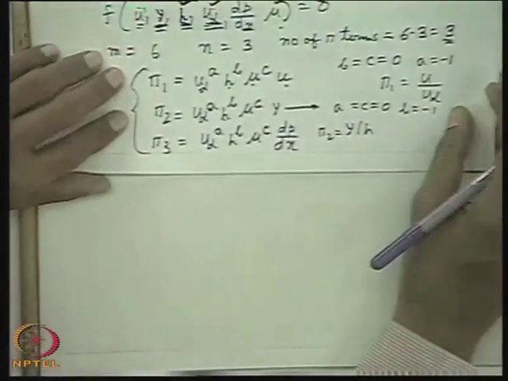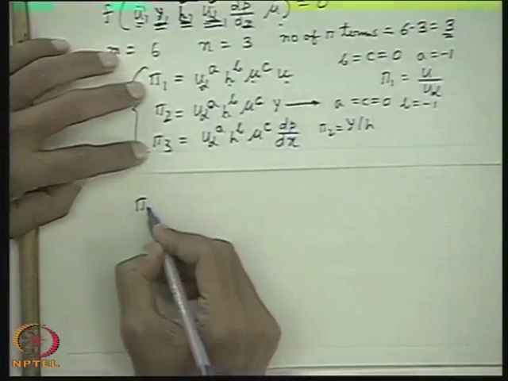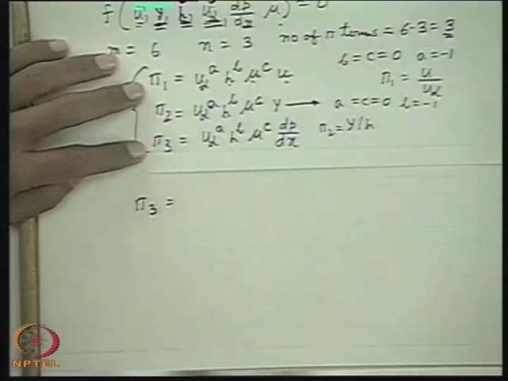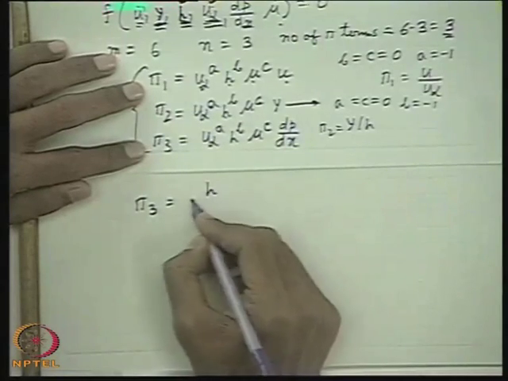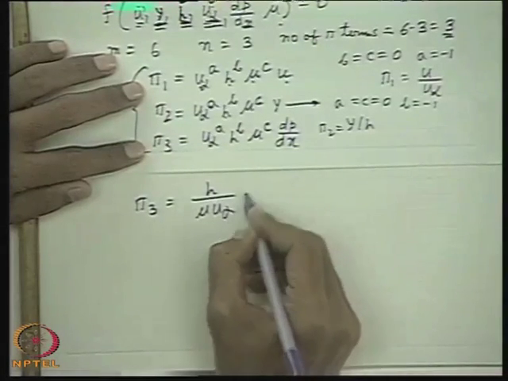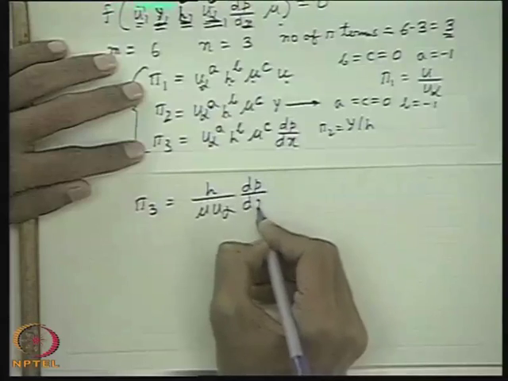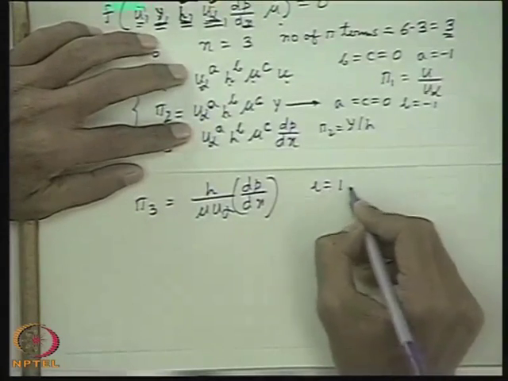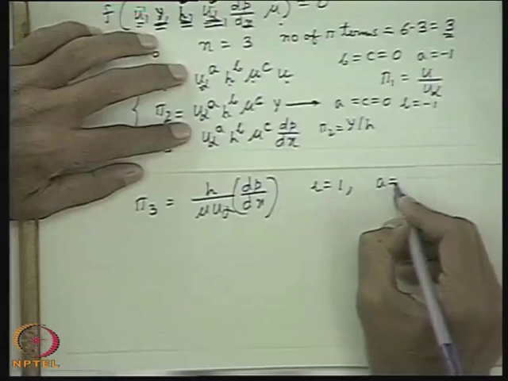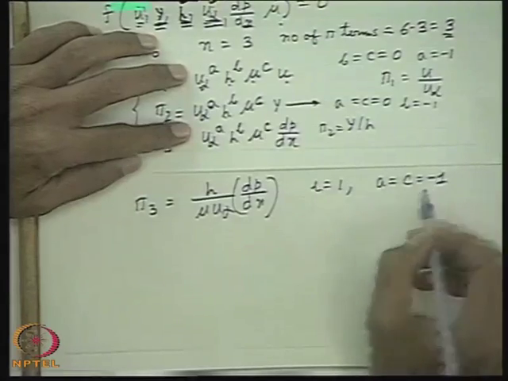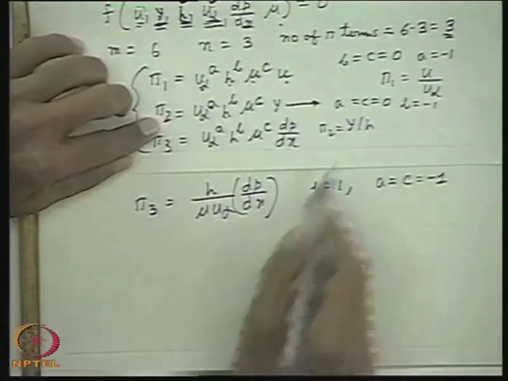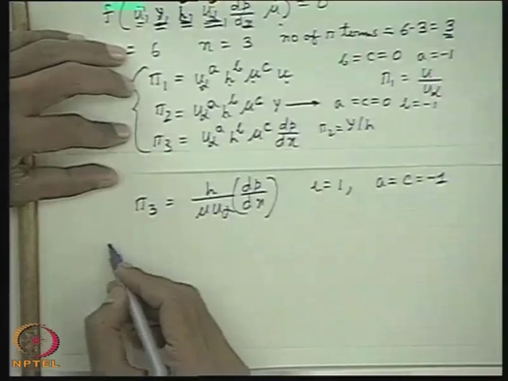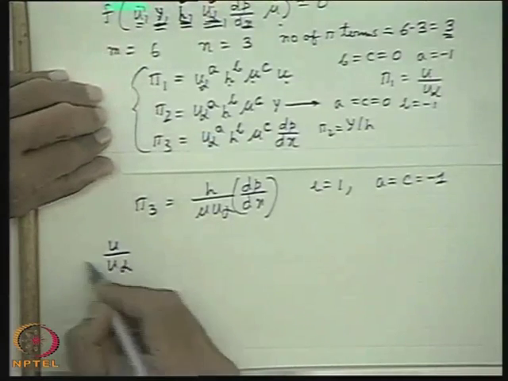But the pi 3 if you work out, you will see pi 3 will be H by mu u infinity into dp dx. Pi 3, which means B is equal to 1, you will get A is equal to C is equal to minus 1. So that you get this. Therefore, then you can tell that u by u infinity a functional.